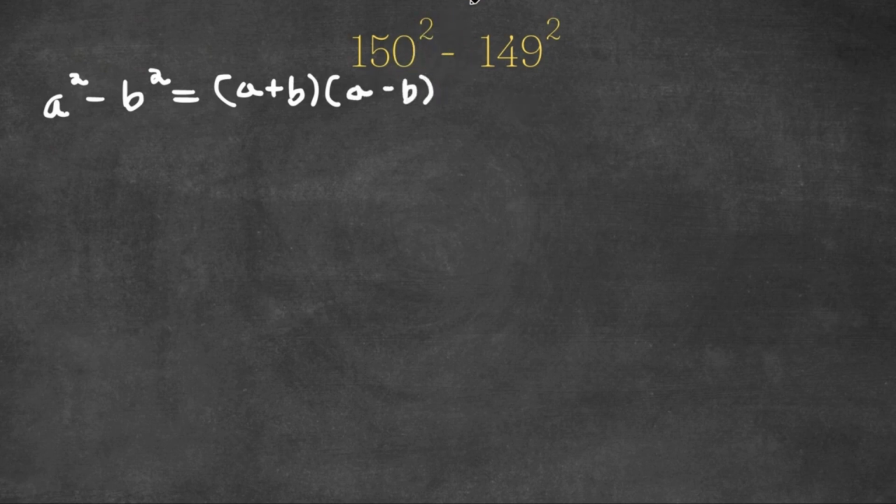So now 150 squared minus 149 squared, well, we can think of a as 150 and b as 149.